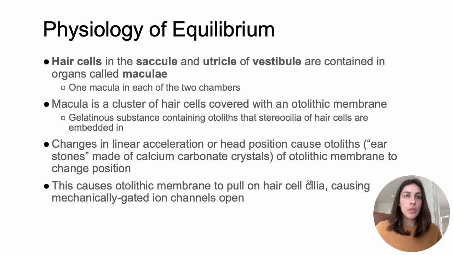And that pulls on the cilia of those hair cells. Again, mechanically gated ion channels open, ions flow in, and the same thing happens that we already learned in the organ of Corti of the cochlea.